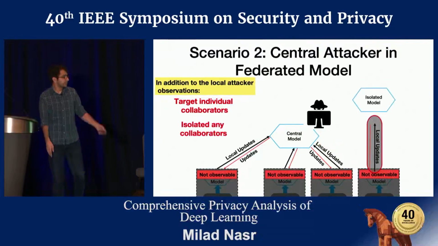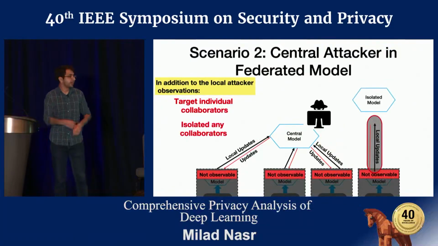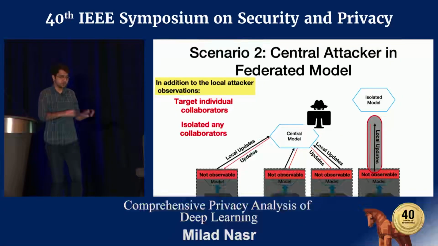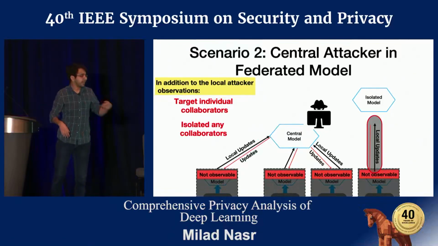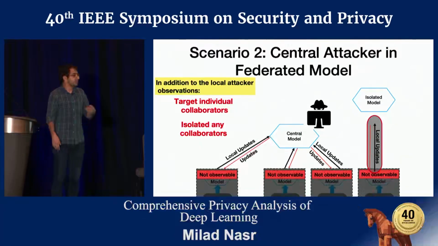And one other thing that a central attacker can do is isolate the updates from each collaborator so as not to let other collaborators affect the parameters of this specific collaborator. This way, he will have an easier way to launch his attack.